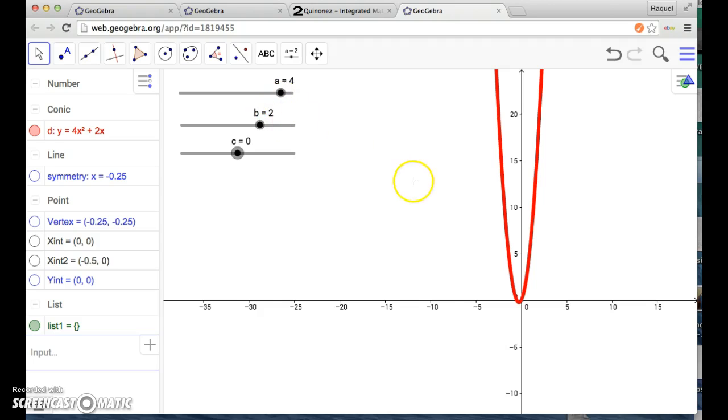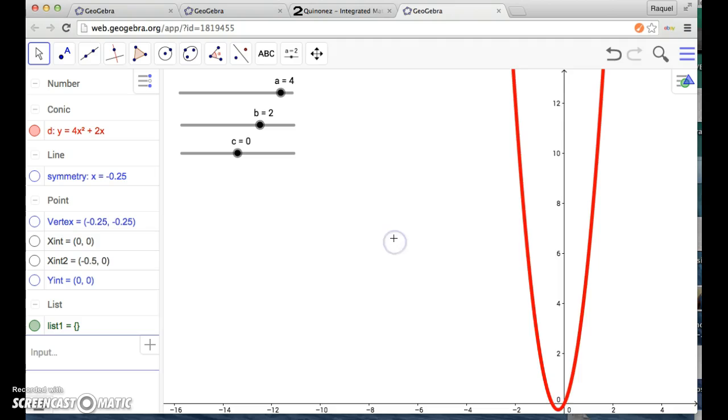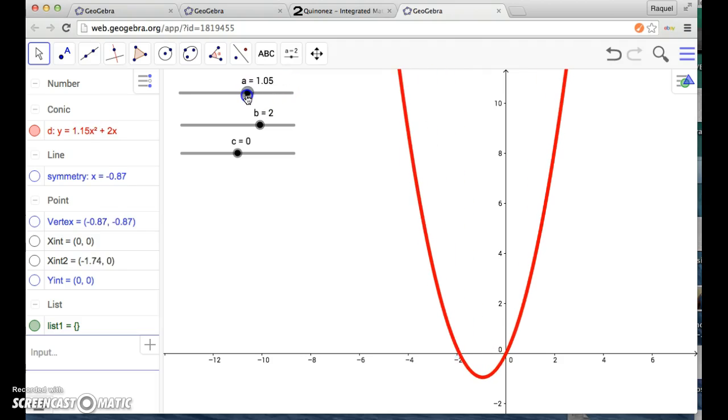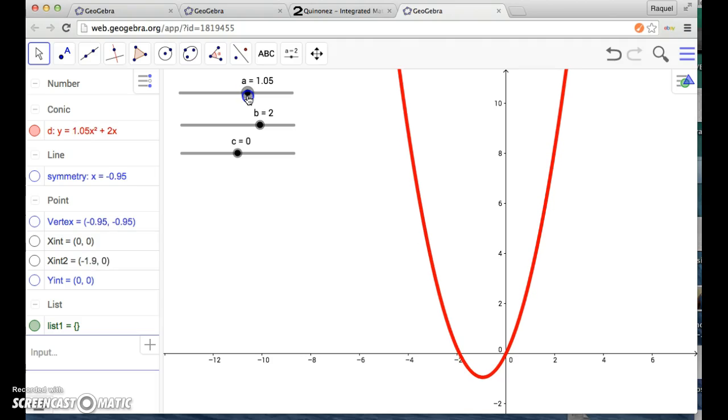So you can find the middle of this graph in 2 ways. One of them is you get the opposite of B divided by double of A. Let's make A 1, so you can see.